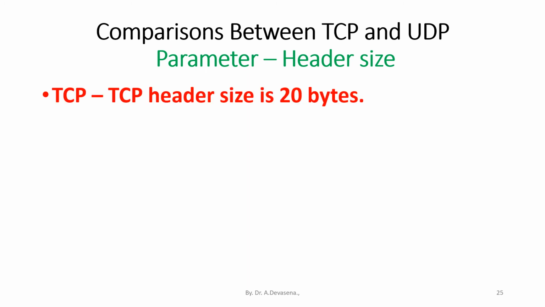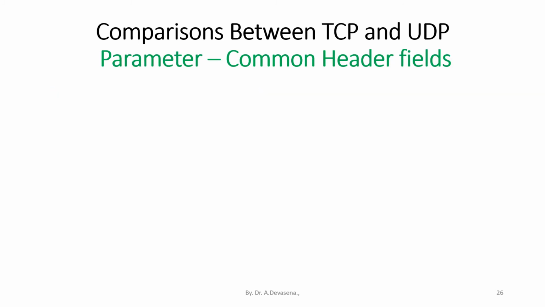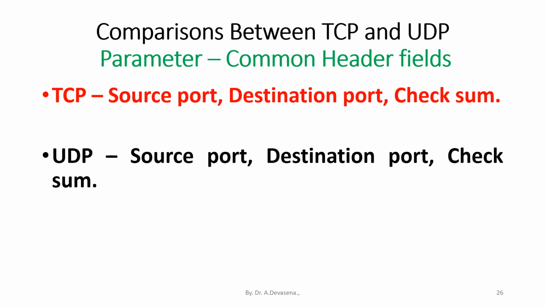In TCP the header size is 20 bytes, but in UDP the header size is 8 bytes. We consider the parameter common header fields. In TCP, source port, destination port, checksum fields are available. In UDP, source port, destination port, checksum fields are available.